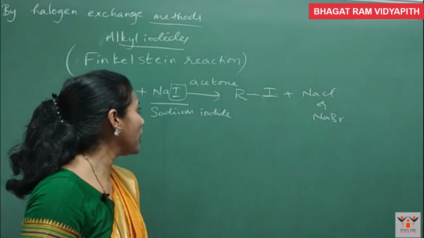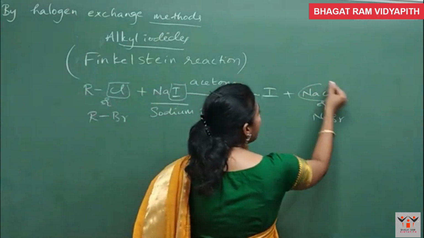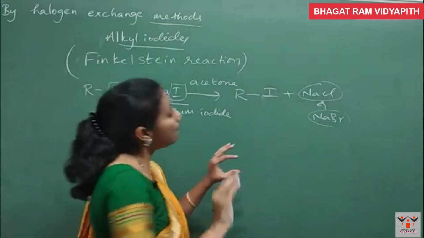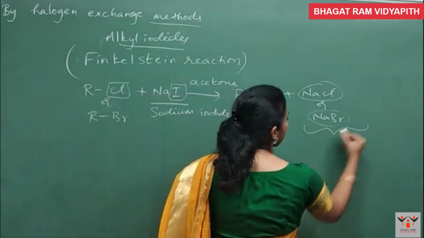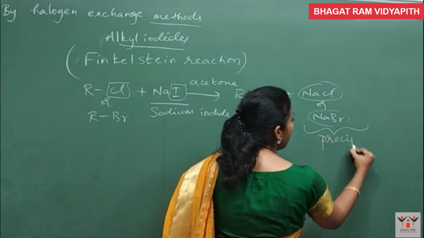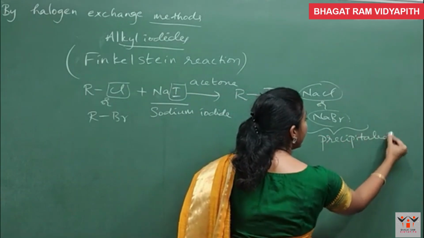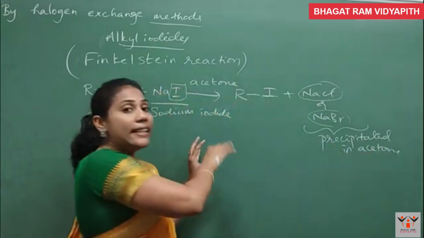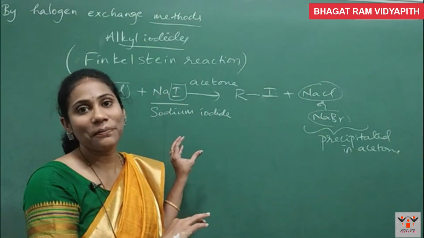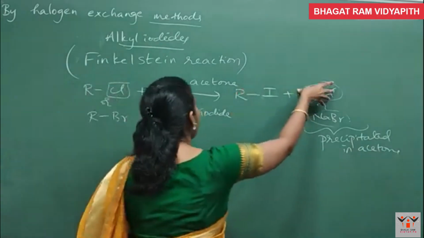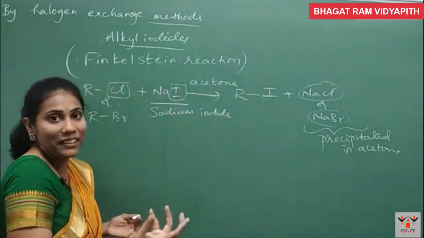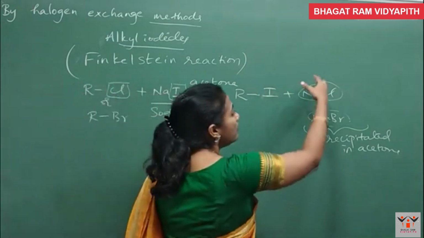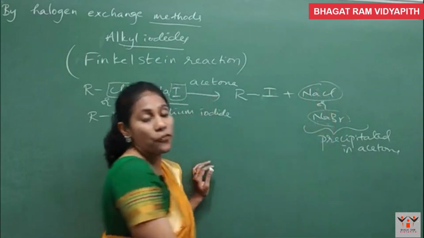Acetone is used because the product NaCl or NaBr that you are getting now will be precipitated. These products get precipitated in acetone so that you can avoid the reversible reaction. What if this and this react to give this? It's a waste, right? So to avoid that reversible nature, time to time we should remove that byproduct that is formed.